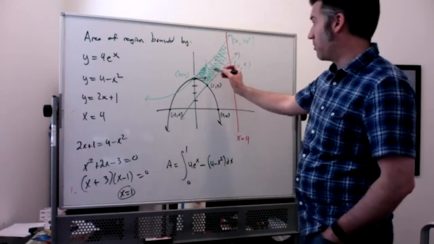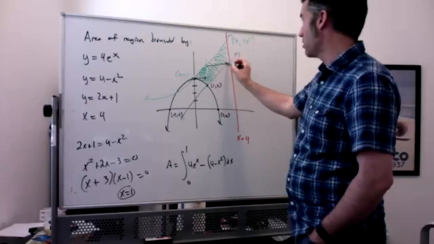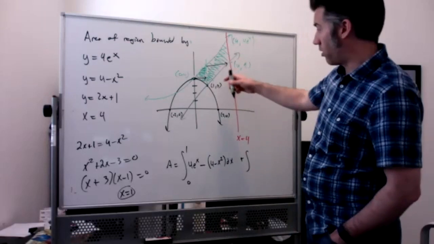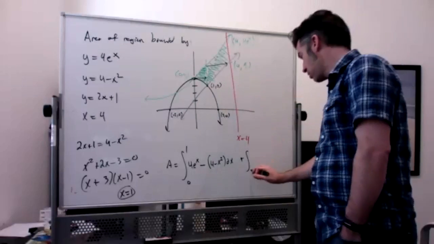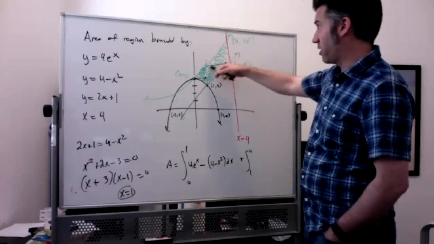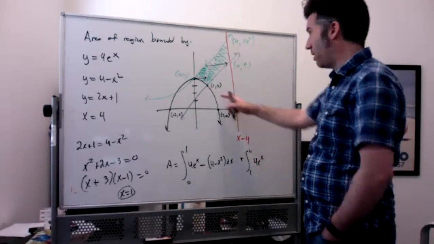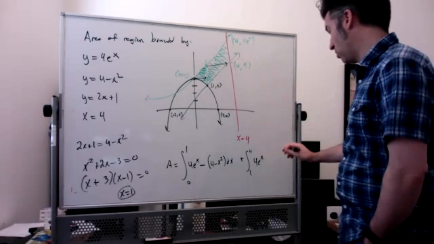And then from here to here, we're going from 1 to 4. The top of our rectangle is still 4e to the x. The bottom of the rectangle is now y equals 2x plus 1.